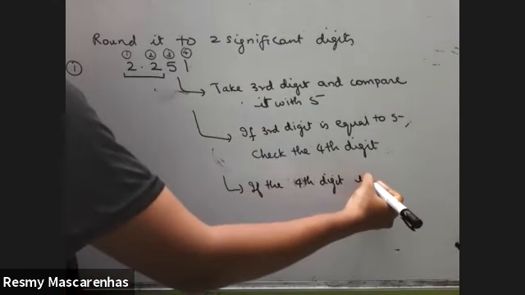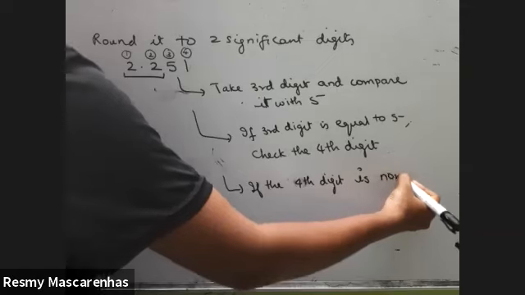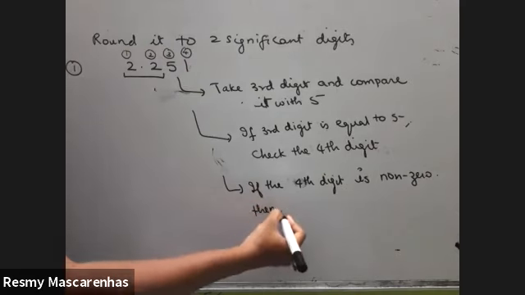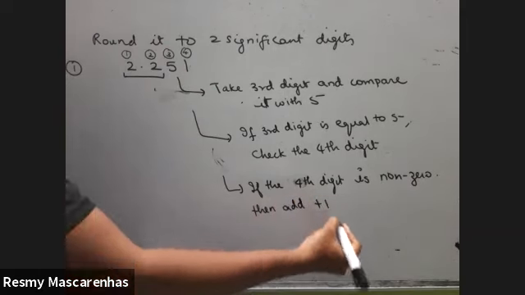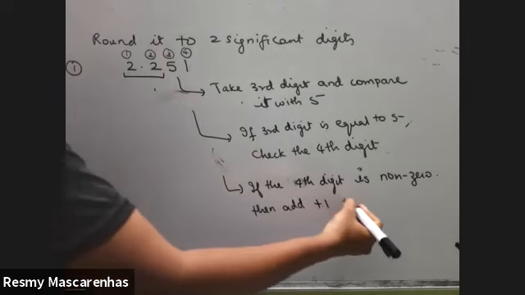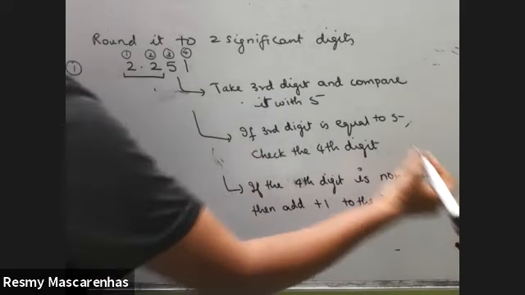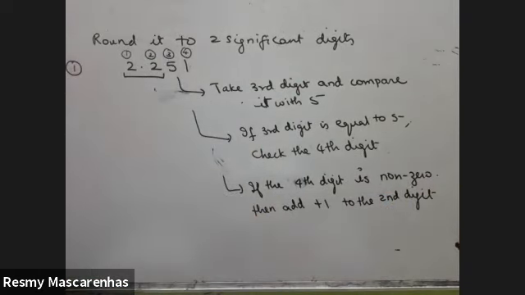If the fourth digit is non-zero, meaning as long as it is not equal to 0, then add 1 to the second digit. So these are the rules.